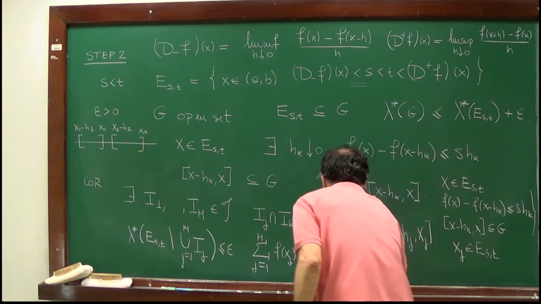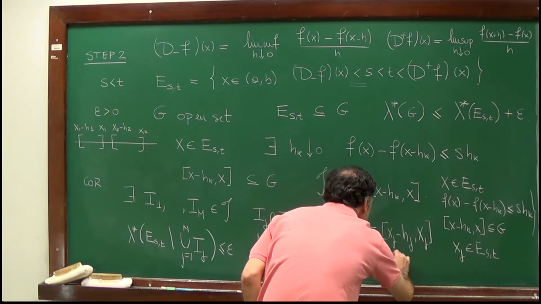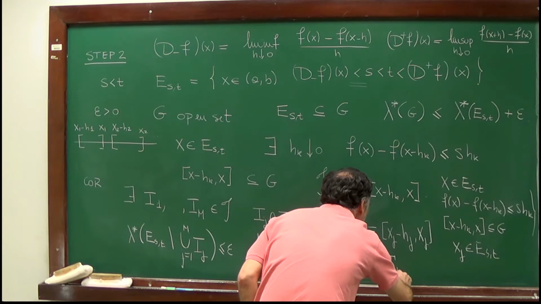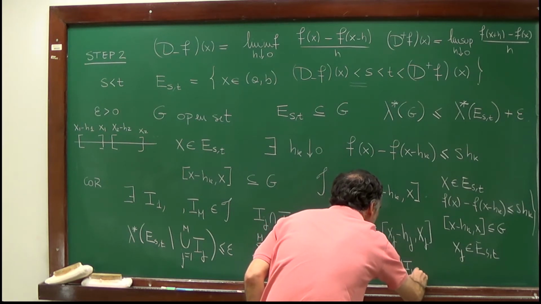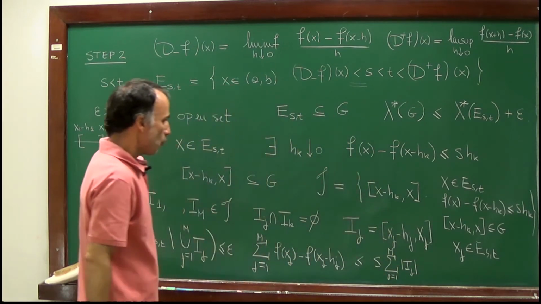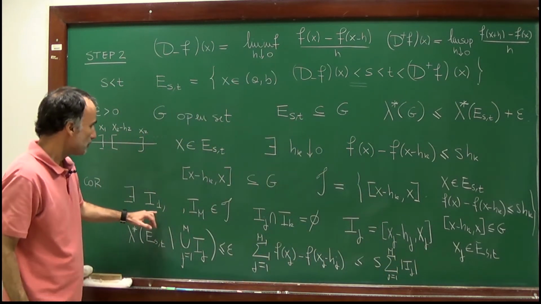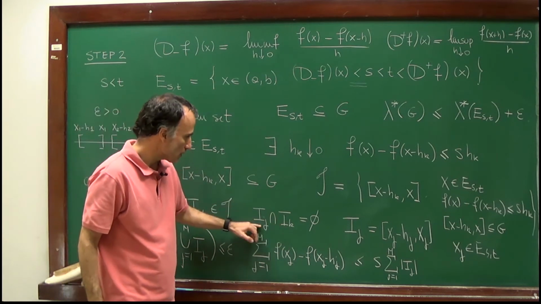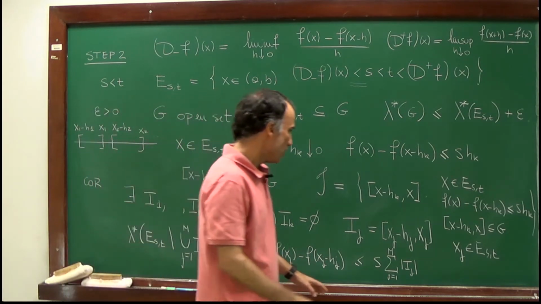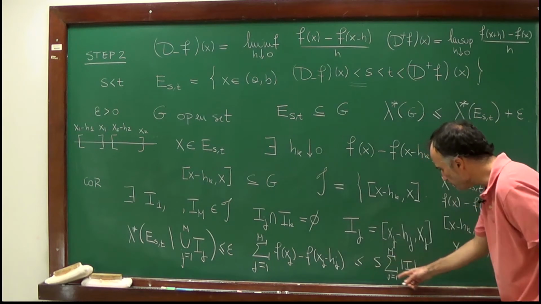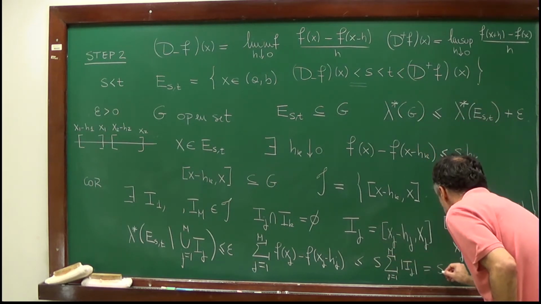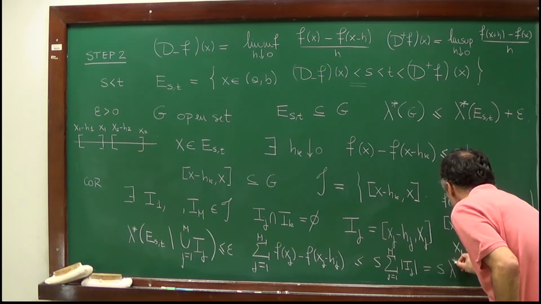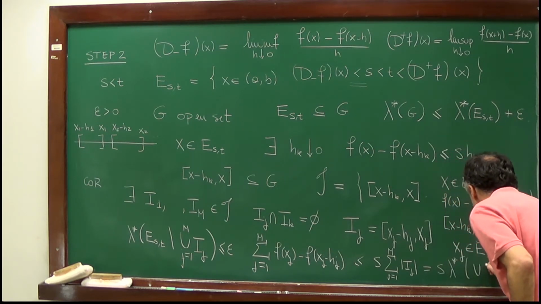So this is less or equal than s times the length. Well, now let's remember that these intervals are all disjoint two by two. So this is the measure of the union of these intervals. So this is equal to s times the outer measure of the union of the Ij.